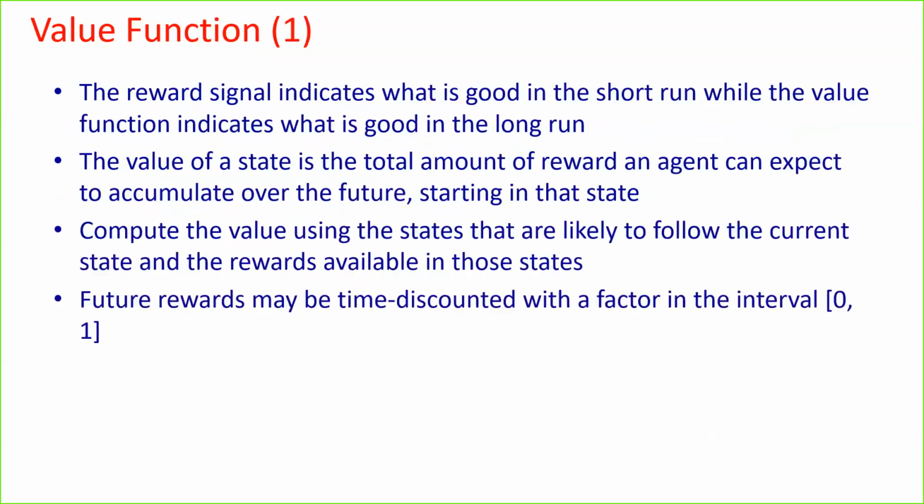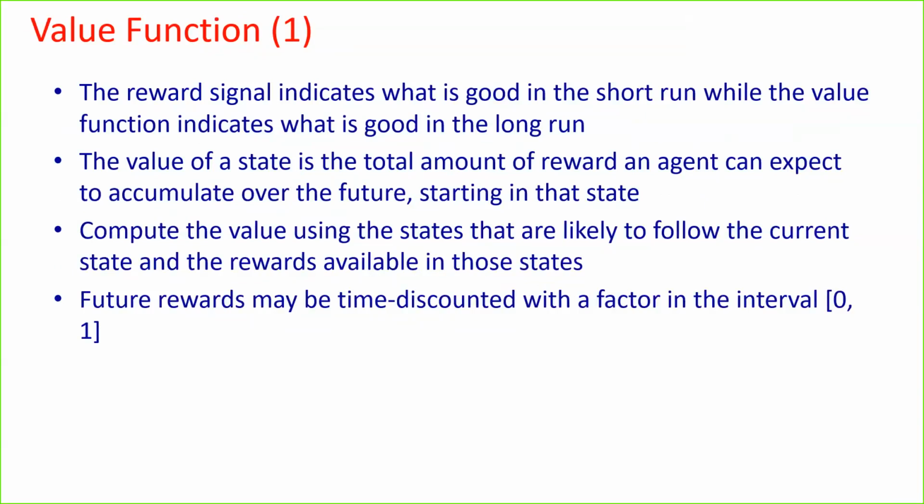All right. So the reward signal indicates what is good in the short run, while the value function indicates what is good in the long run. It means the reward signal gives you the immediate reward, whereas the value function gives you the cumulative reward.